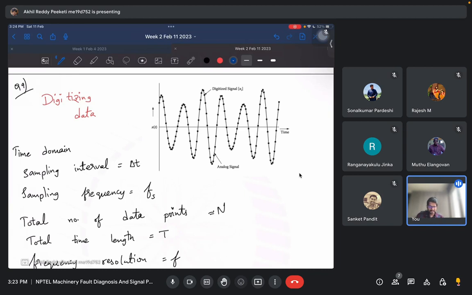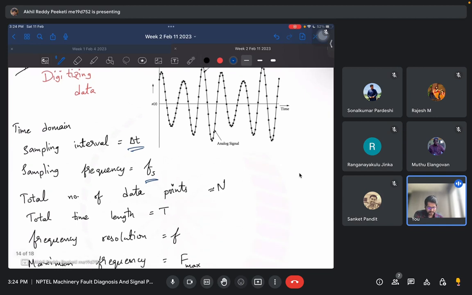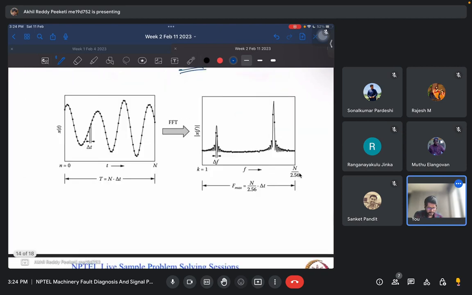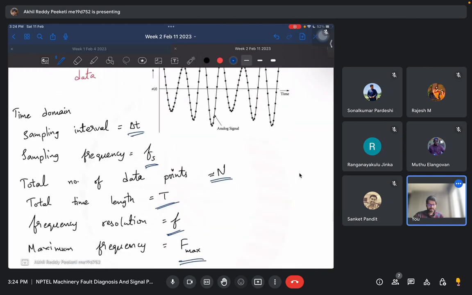That is the sampling interval, the difference between the time steps at which you can detect something. And this frequency would be the sampling frequency, and in a given time, how many data points, n, and the total time length T, frequency resolution delta f, and maximum frequency f max. Now, in a certain way these terms are related to each other.